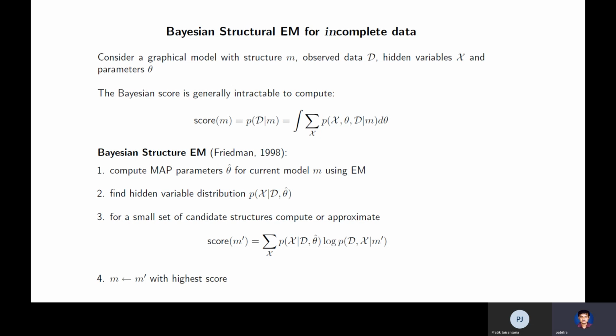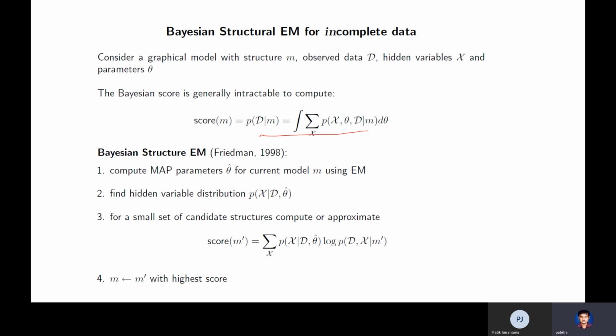There is an even more complicated algorithm called structural EM, even for the case when you have a hidden variable. Usually the score is pretty intractable, very complicated. So what structural EM does is assume a current model M, and find the MAP parameters theta hat using the normal EM algorithm. Once theta hat is found and the training set is given, find the hidden variable distribution P(x given D and theta hat).